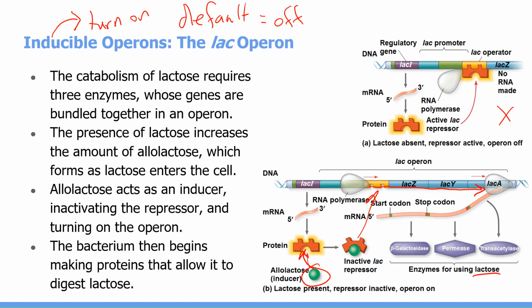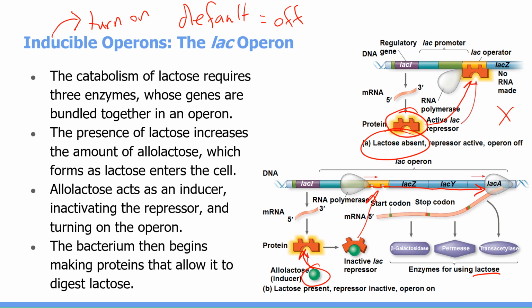Okay, so this is only when lactose is available. So again, those enzymes will be produced by this operon because it's turned on. Because the default when lactose is not there, the repressor is considered to be active and is allowed to attach to that operator, thus blocking transcription.